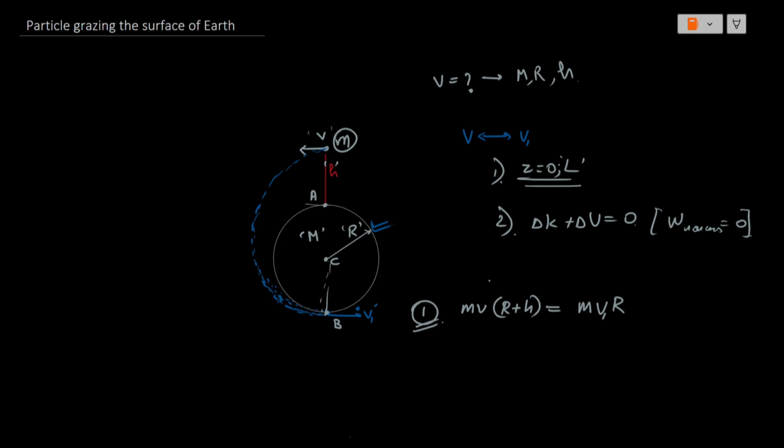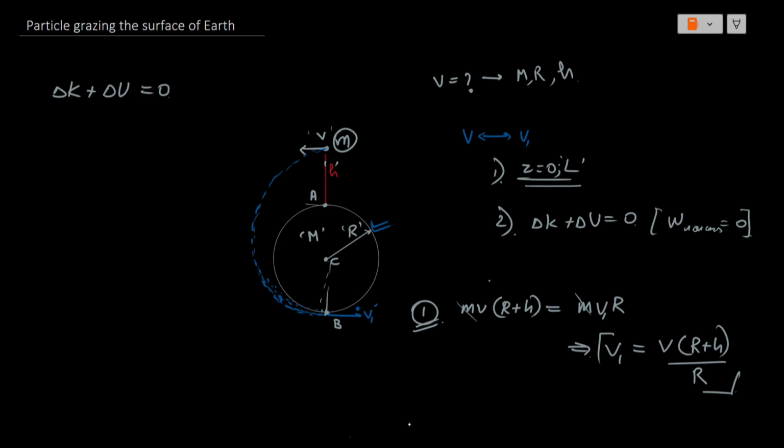Okay, so we have this equation and m cancels away, so we have the relation between v and v1 as v1 is equal to v times (R plus h) over R, right? So we have this little relation between v1 and v. This relation we'll be using in the conservation of energy, right?